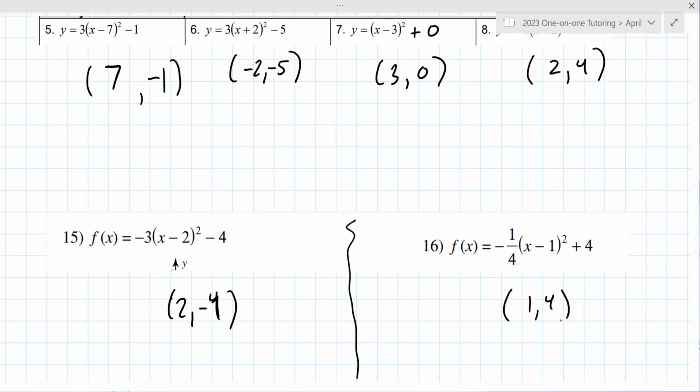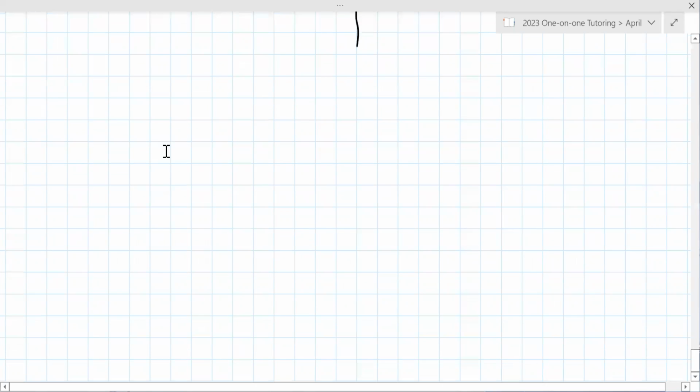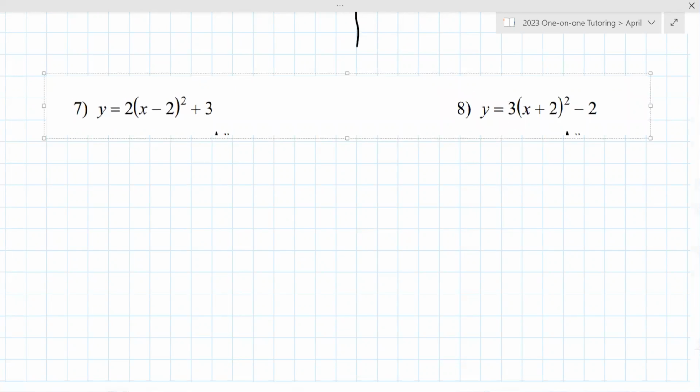All right, a couple more here for you to look at. Give me the vertex, please. 2, 3.